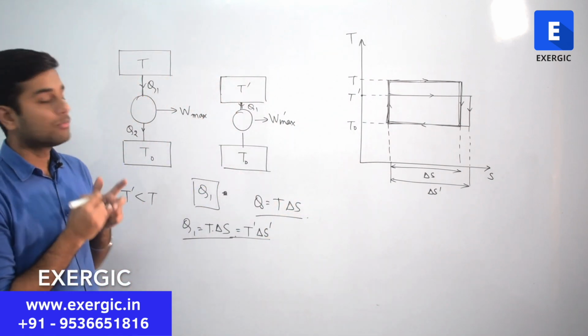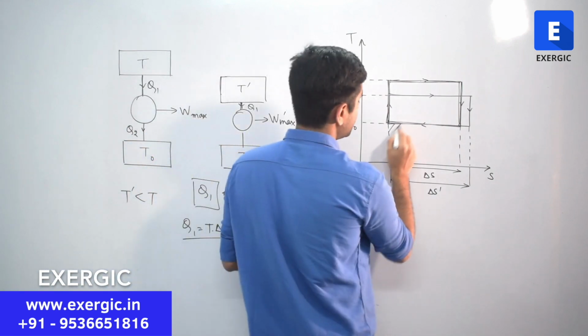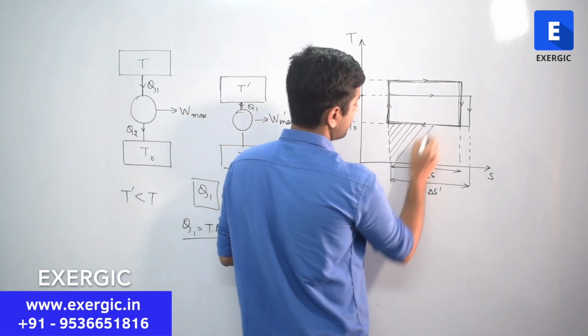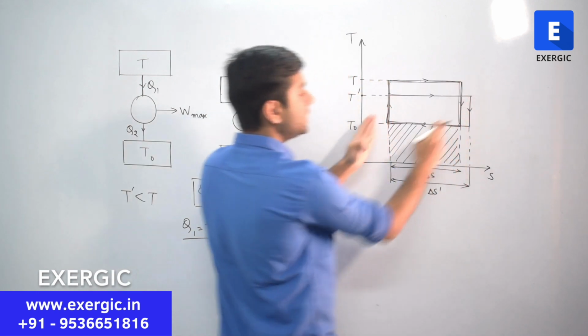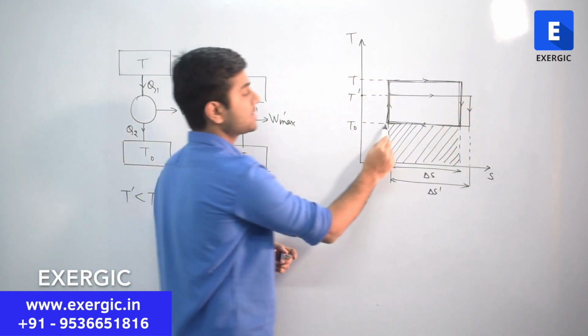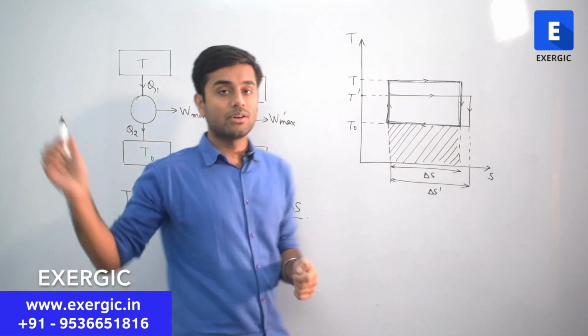Now let's compare both of them. This area below shows the unavailable energy. Correct? So the area below the initial cycle is the unavailable energy for this case.